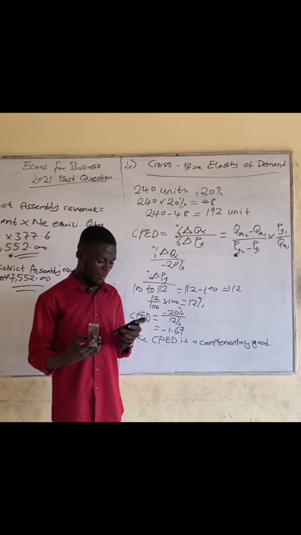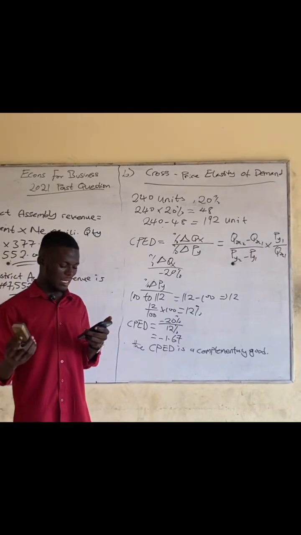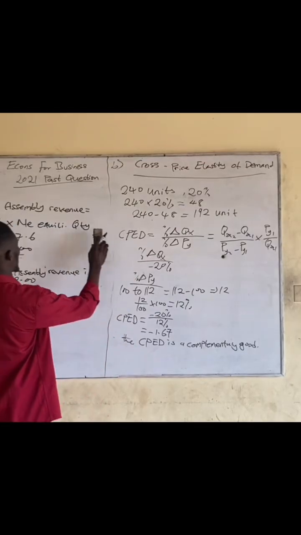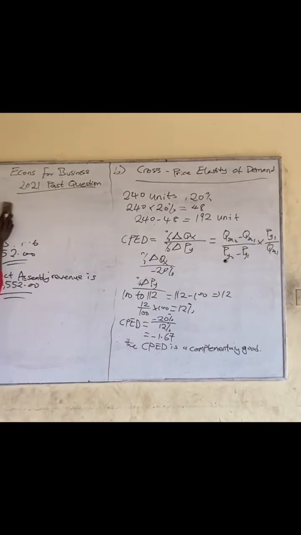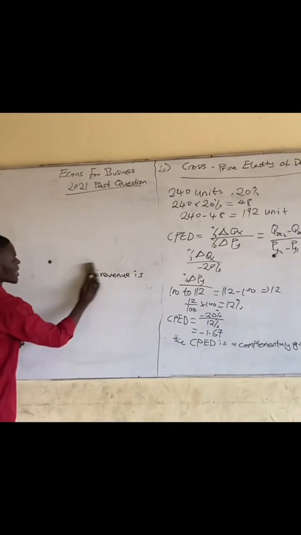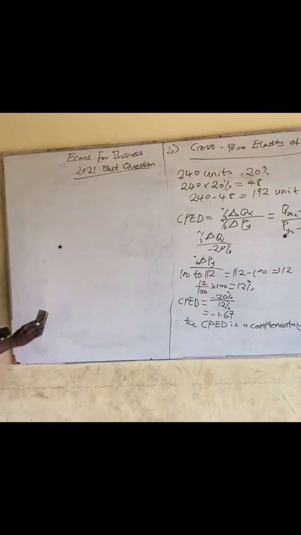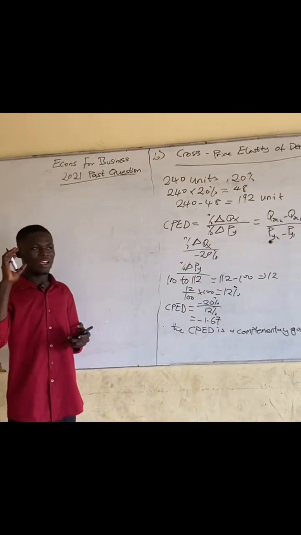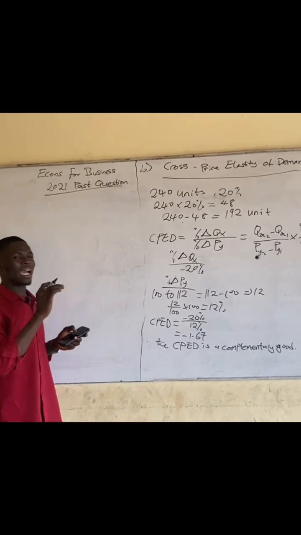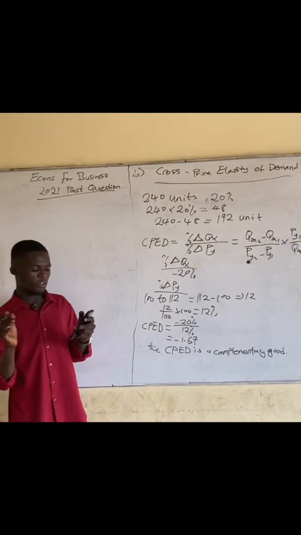So let's look at the II. It says determine Babet's income elasticity of demand for clean and interpret your results too. So here it was cross. The other one too is income. So the moment you see income, you have to put it in mind that at the end, your result, you are going to interpret whether it is normal goods or inferior goods.